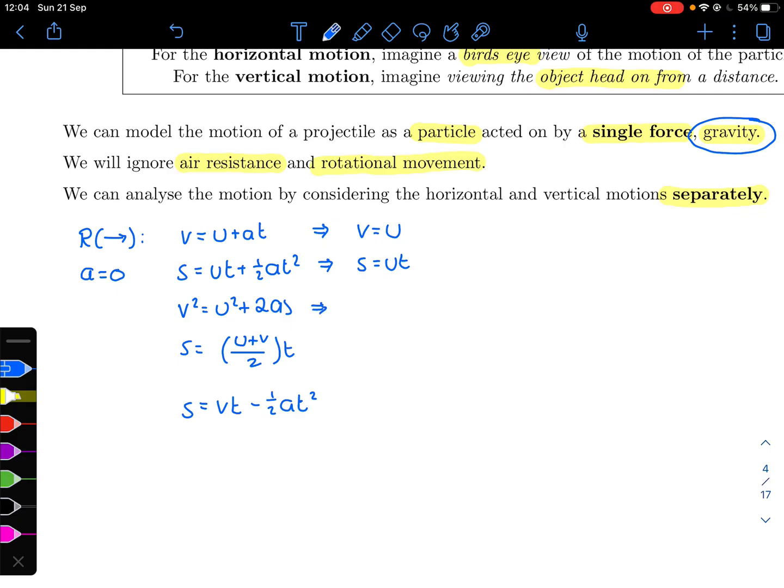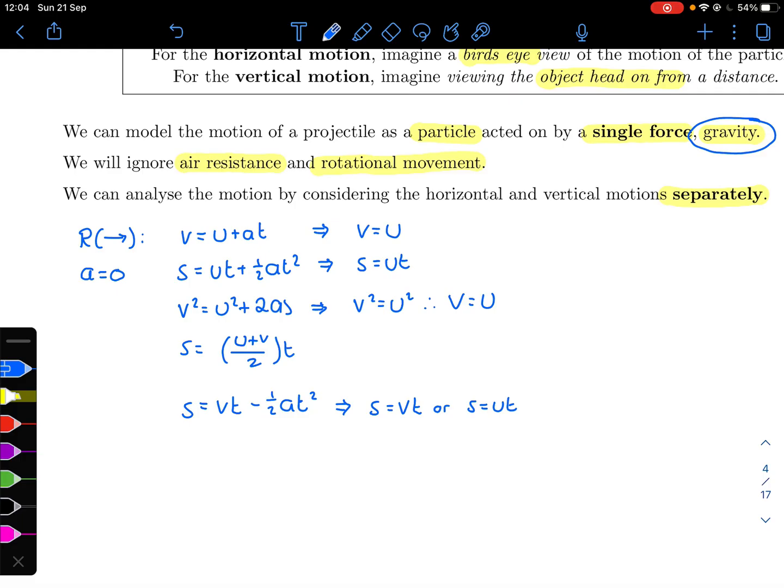This next one, if a equals 0, we just get v squared equals u squared. So once again, v equals u. I'll just go down to the last one. If a equals 0, we get s equals vt. But since v and u are the same, that's just the same as s equals ut. Since in all of these, v is equal to u.